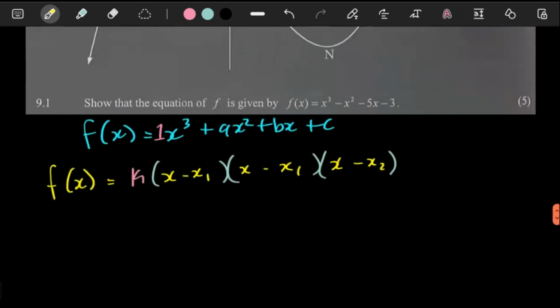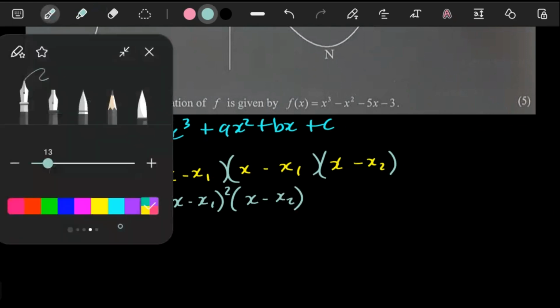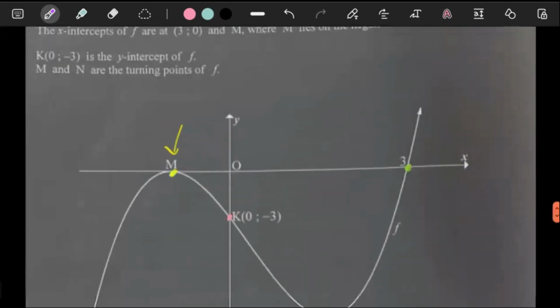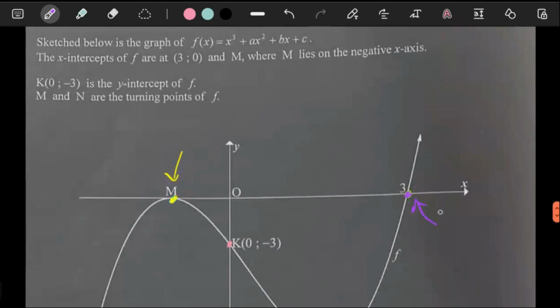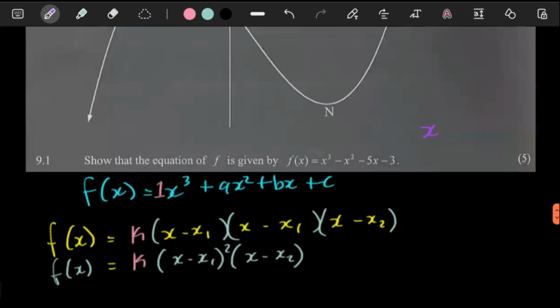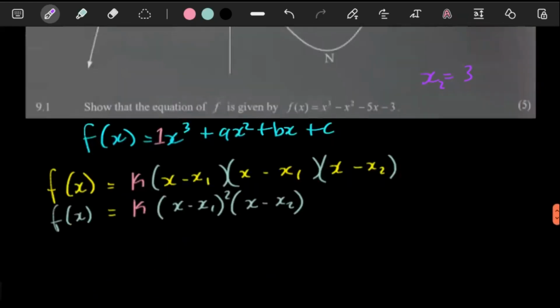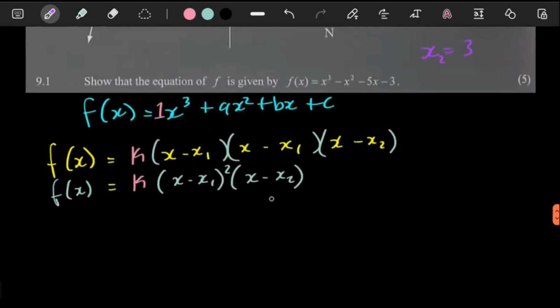So when you simplify it, you're going to have k here, and then 2 brackets that look alike. So you're technically going to have this squared here, and x minus x2, like that. In our case, our x2 is this, positive 3 there, because this represents the one x-intercept that is unique.